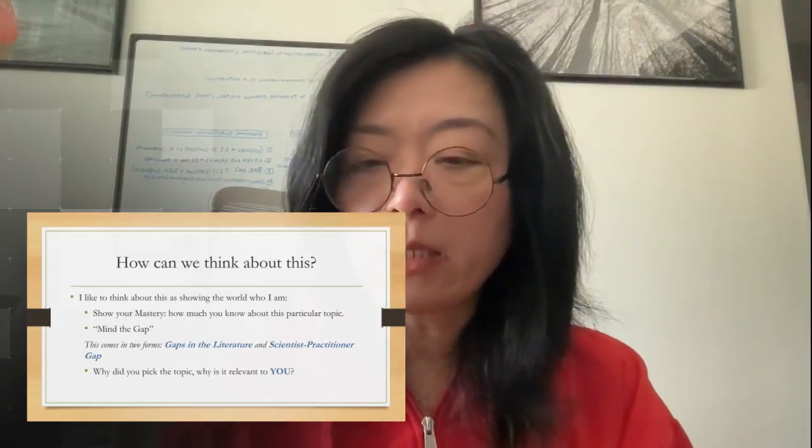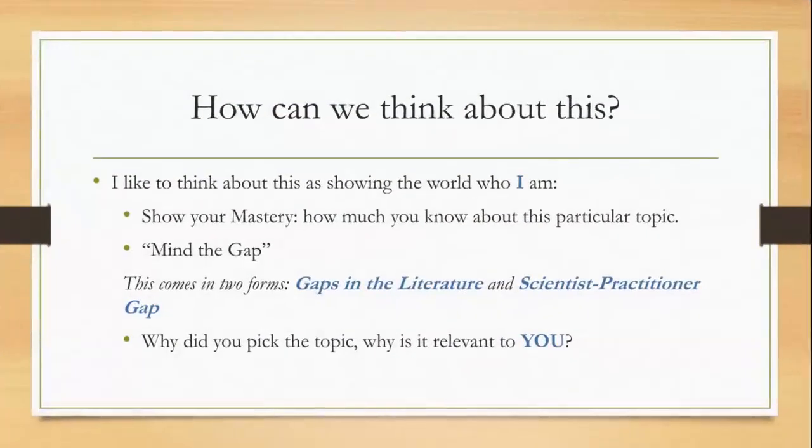What I mean by that is that you want to show your mastery, as we mentioned before, how much you know about this particular topic, as well as how you can identify two forms of gaps. One is the gap in the literature. So, what you see is missing as a common thread between all the studies that you're reading. So, your academic insights to that.